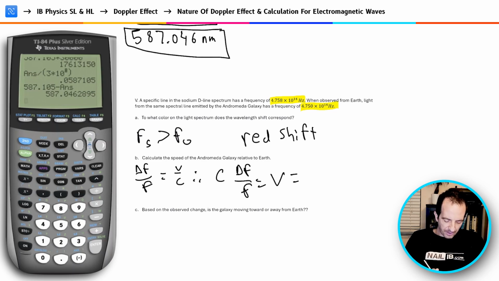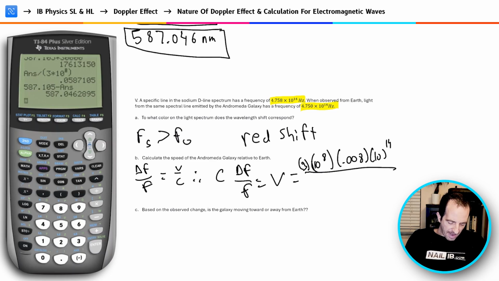So c, we know, is equal to 3 times 10 to the 8th. And the change in frequency is equal to 0.008, so we have 0.008 times 10 to the 14, all over the actual frequency, which is 4.758 times 10 to the 14.